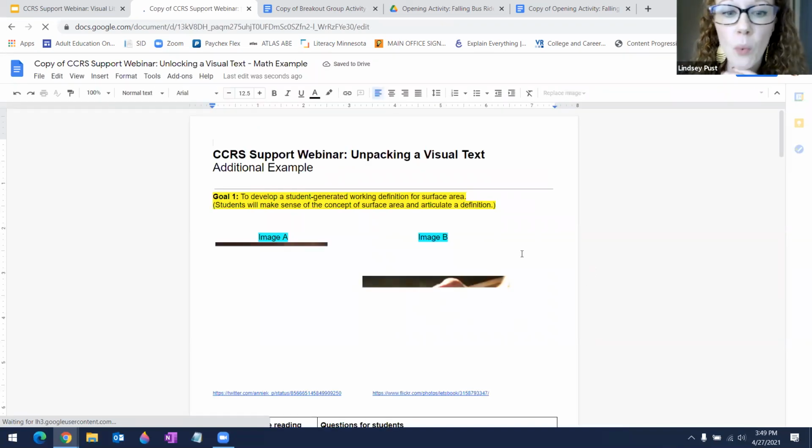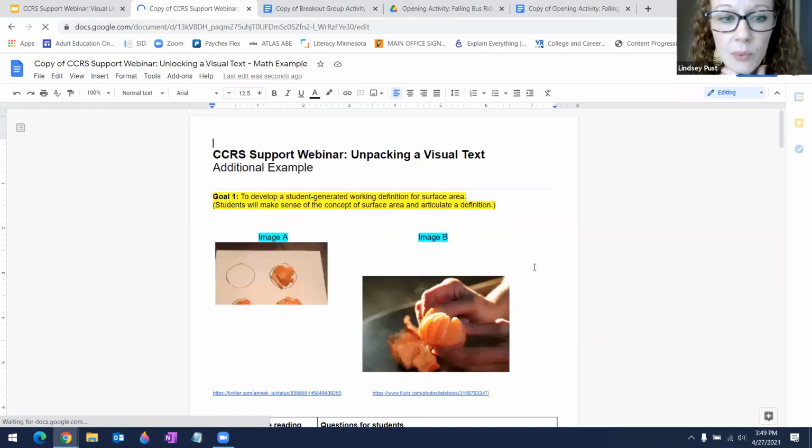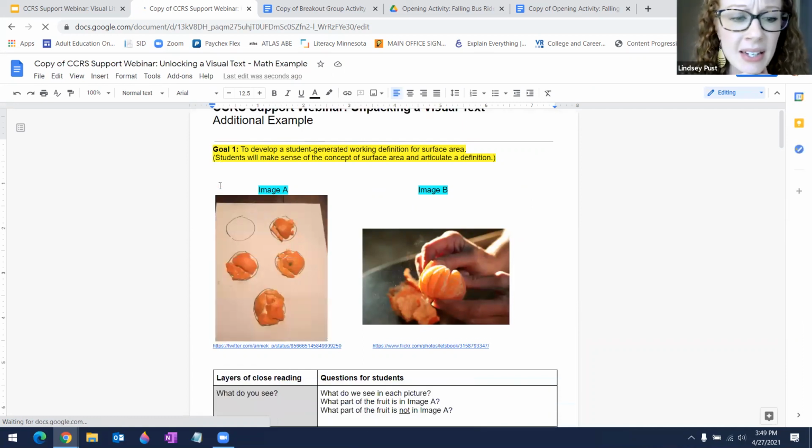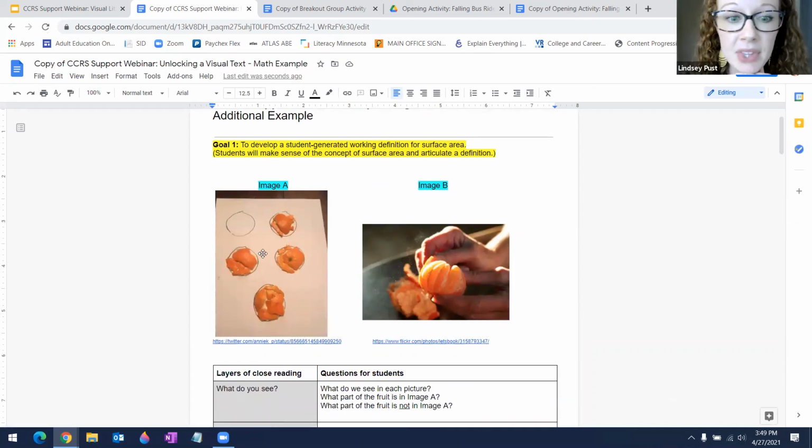But just walking through what is here, starting with a goal. This is talking about the surface area of a sphere and how I could have two different goals based on some similar visuals.